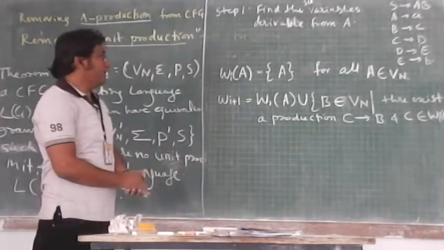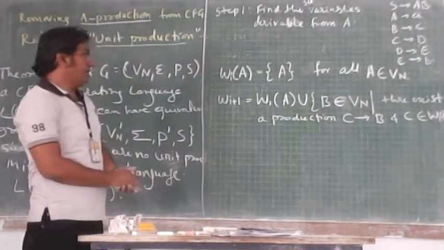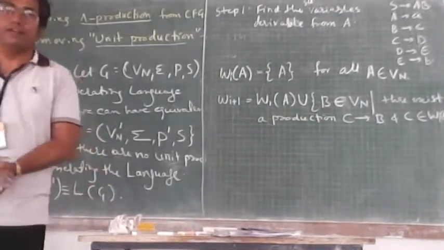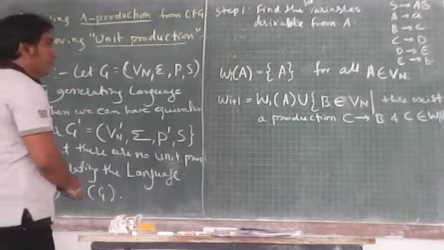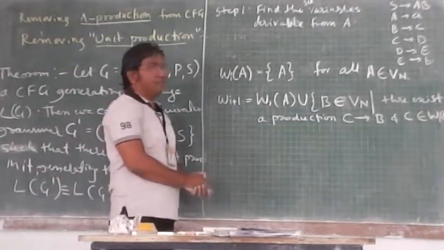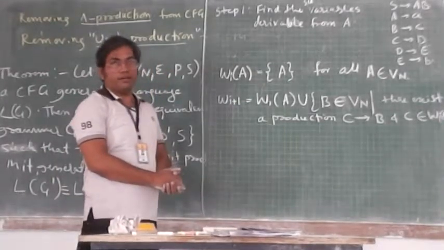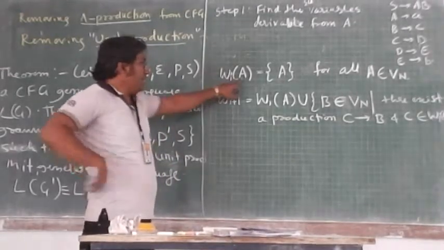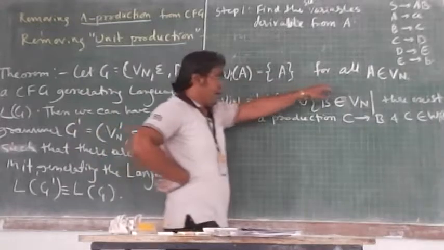As I say, W is the working set, and here we are calculating a working set for every variable A which belongs to Vn. Vn is the set of variables given in our grammar, and W of A, for every A I am calculating.